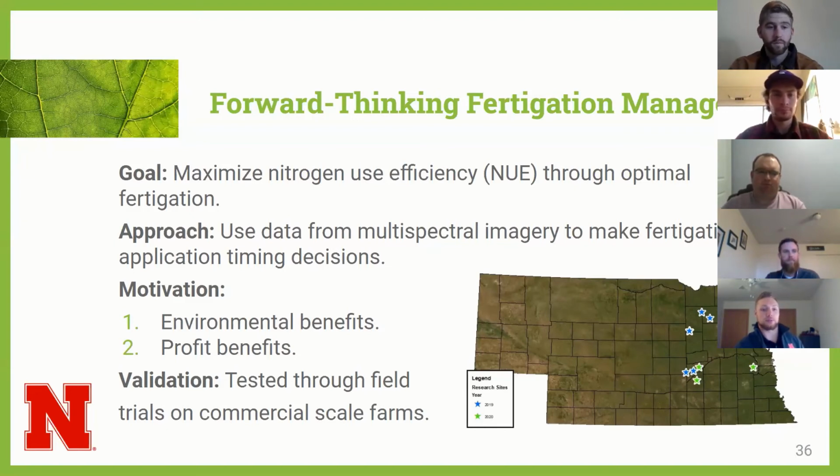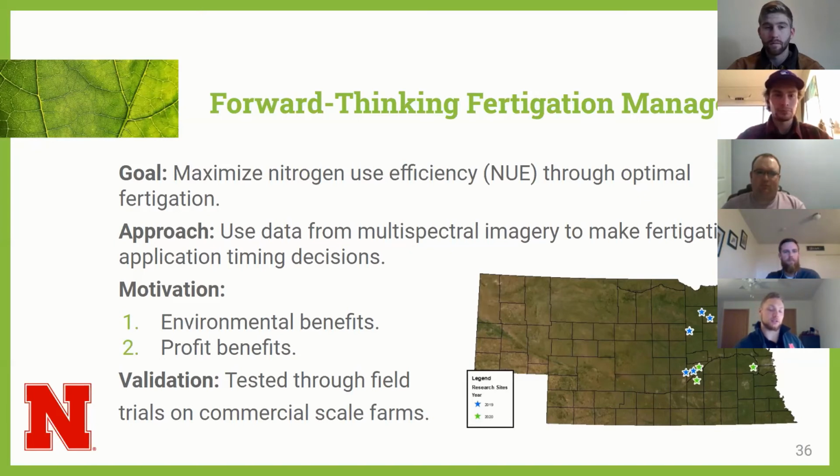The motivation behind this is, number one, environmental benefits, and number two, profit benefits for the grower, because the less you can spend on nitrogen, the better it is for your bottom line. For any participants in Nebraska or other Midwest states, you realize that regulations are becoming a much bigger deal in agriculture, so being able to use your nitrogen efficiently without affecting your bottom line is going to be a really key thing in the coming years.